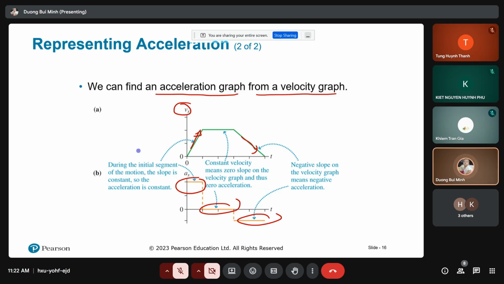Or you can read the description here: during the initial segment of the motion, the slope is constant, so the acceleration is constant, because the acceleration is the slope of Vx. The constant velocity means zero slope on the velocity graph, and then you get zero acceleration. This is a negative slope. Negative slope on the velocity graph means negative acceleration.